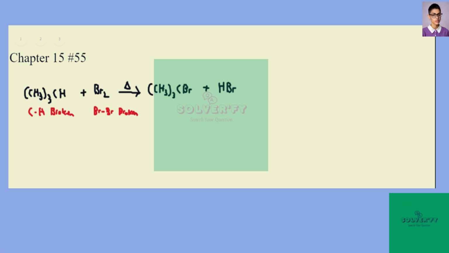So we need to look at what's happening. This is a CH bond broken. This is a Br-Br bond broken. From table 6.2, to break a CH bond is going to cost 381 kilojoules per mole.